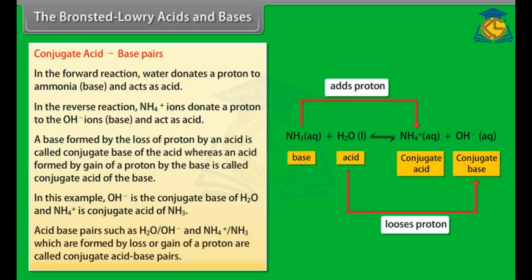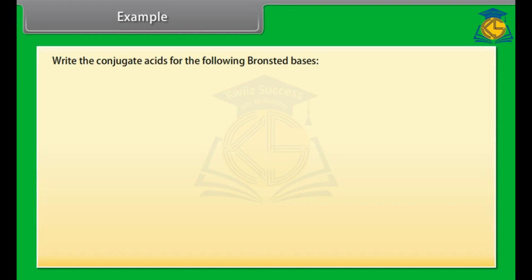Acid-base pairs such as H2O, OH- and NH4+, NH3, which are formed by loss or gain of a proton, are called conjugate acid-base pairs. Example: write the conjugate acids for the following Bronsted bases: H2O, NH3 and C2H5OH.